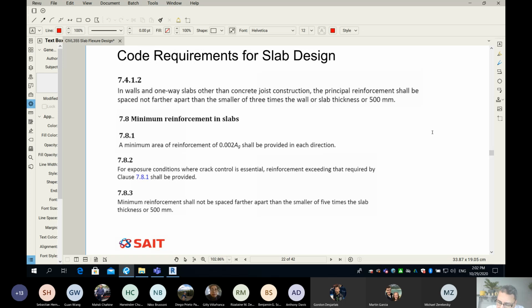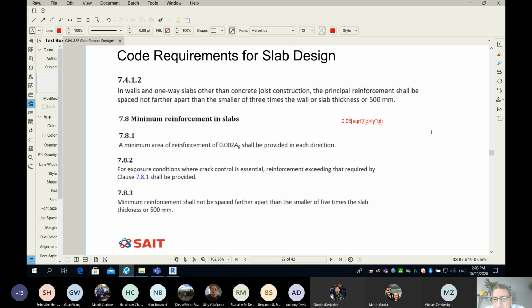Oh my God, I'm getting old. So 0.06 multiplied by the square root of f prime c divided by f y, multiplied by b times h. Not 100% sure, but it's around the same.